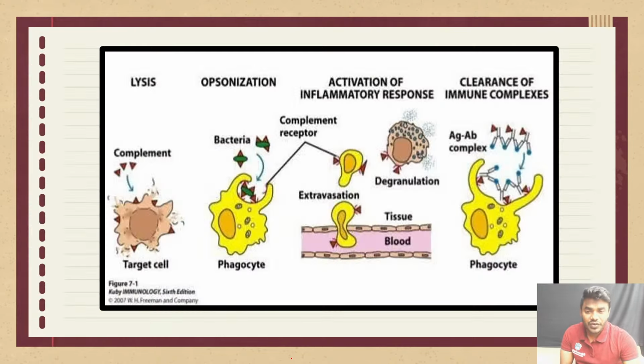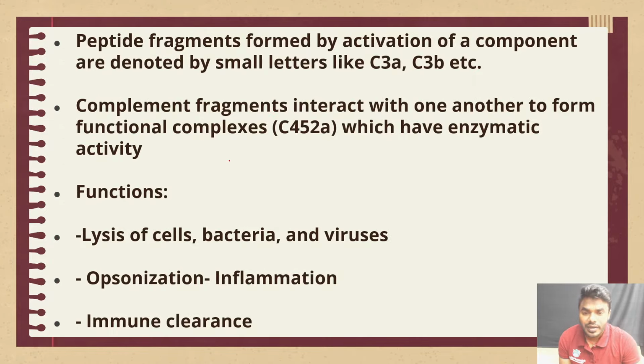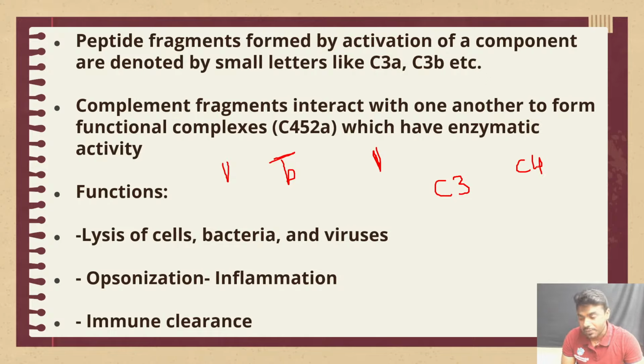And the last and final point I want you to remember, friends, listen. When one complement molecule associates with another complement molecule, they associate with the help of the B part. An example I am talking about. There is complement 3. There is complement 4.